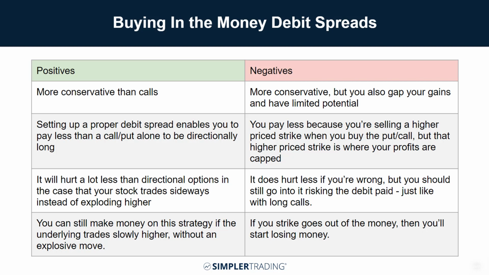Now, the next option, pun intended, that you could do if you would like to trade a ticker in a directional manner would be to turn that long call or long put into a debit spread. Doing this has a variety of benefits, but the number one benefit, I would say, is that it's a lot more conservative, especially in market volatility. Focusing on being more conservative and protecting your capital is going to be highly, highly important.